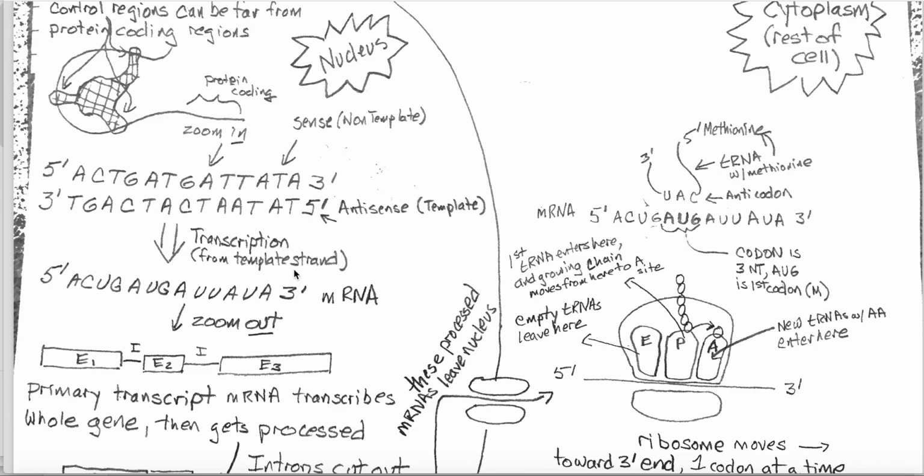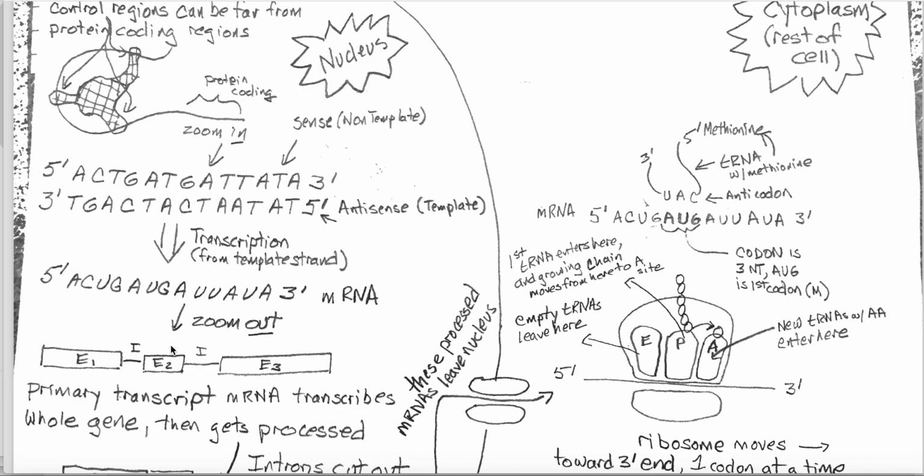Now, that mRNA has more sequence than will be used by the ribosome to turn it into protein. It has stretches of sequence that intervene between the parts that are going to actually turn into protein.